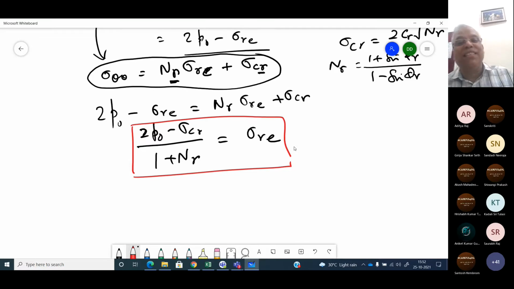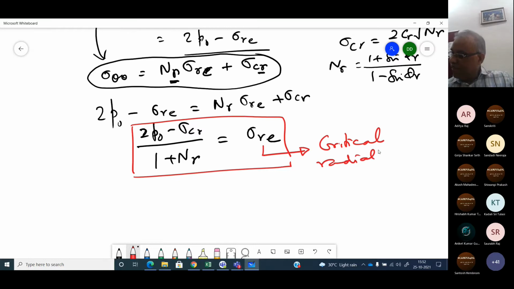This is called the critical radial stress, where plasticity ends and elasticity starts. It is the radial stress at that boundary.